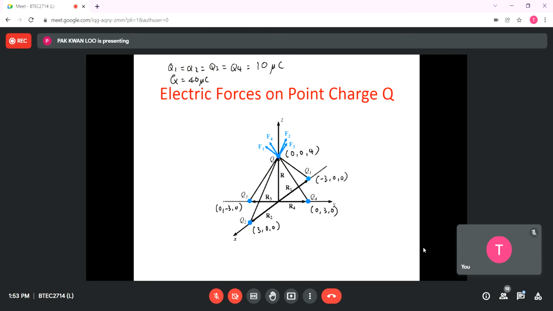This is the force exerted by each point charge. Q1, Q2, Q3, Q4 exert force on Q at position (0, 0, 4). I want you to calculate the total, net force experienced by this Q.